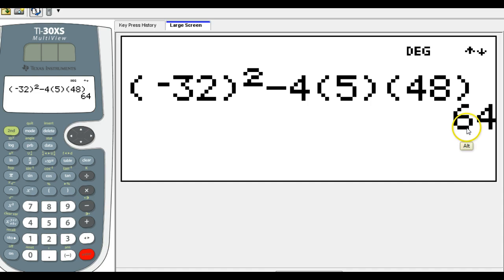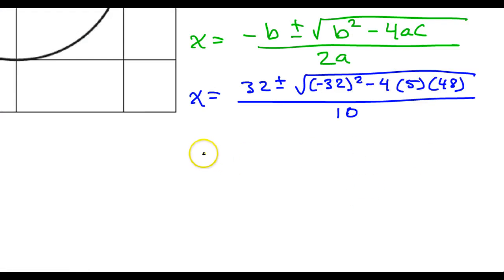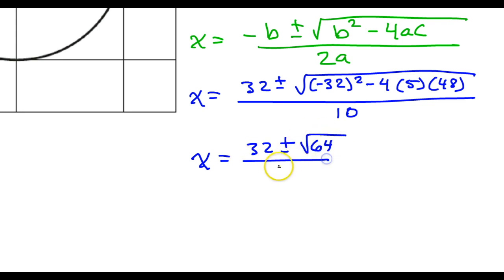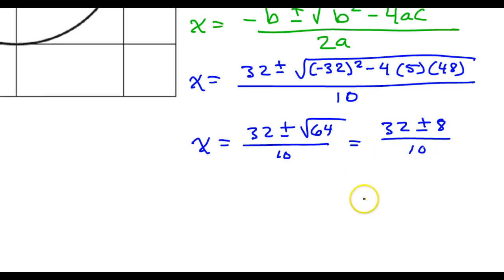So that's 64. So that means now we have x equals 32 plus or minus the square root of 64 over 10. Well, of course, square root of 64 is 8. So that's 32 plus or minus 8 over 10.